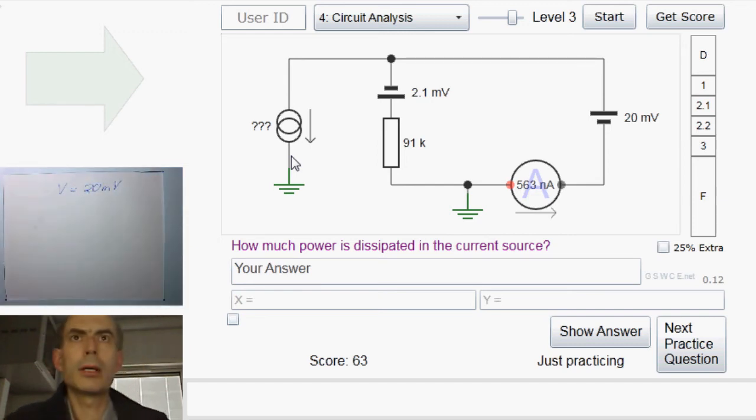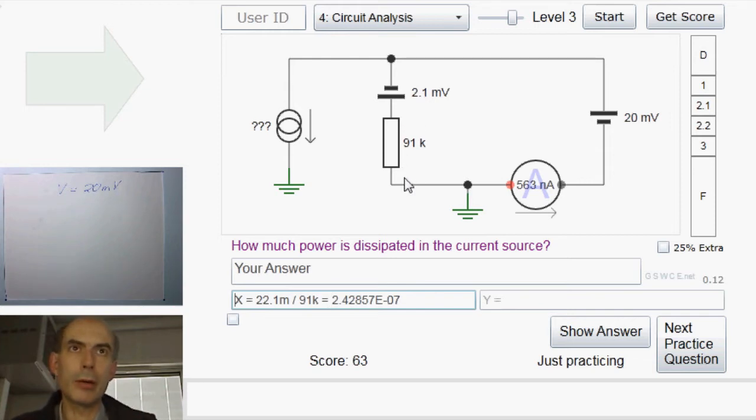Now then, the current through the current source here. We know that this point up here is at 20 millivolts, so this point up here must be at 22.1 millivolts. So the current through this resistor here must be 22.1 millivolts divided by 91K. And that's the current flowing down through here.